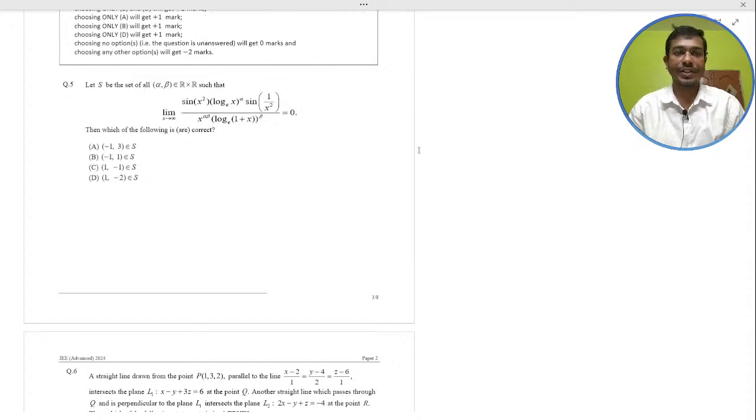Let S be the set of all alpha beta belongs to R cross R such that limit x tends to infinity sine x square log x to the power alpha sine 1 by x square divided by x to the power alpha beta log e 1 plus x to the power beta is 0. Then which of the following options is or are correct?